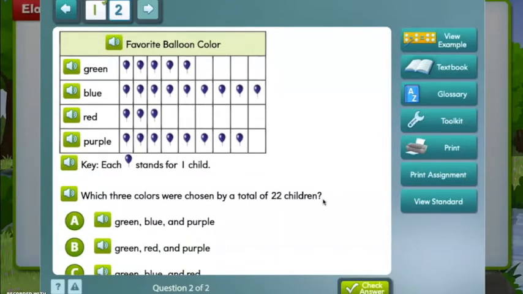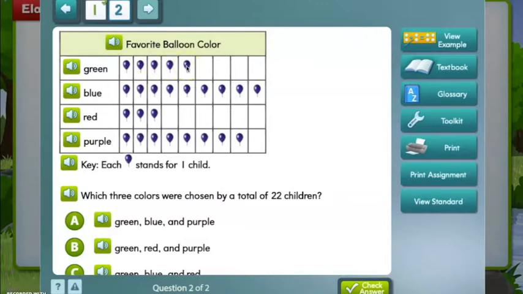That means one of our colors is not going to be included. So let's start by counting green, and we'll go down the list of colors until we get to about 22 children. Okay, so green, 1, 2, 3, 4, 5.